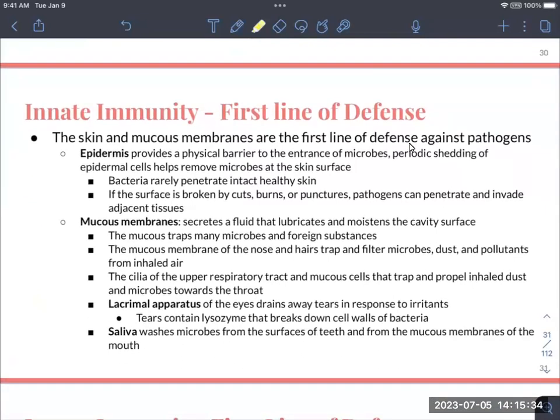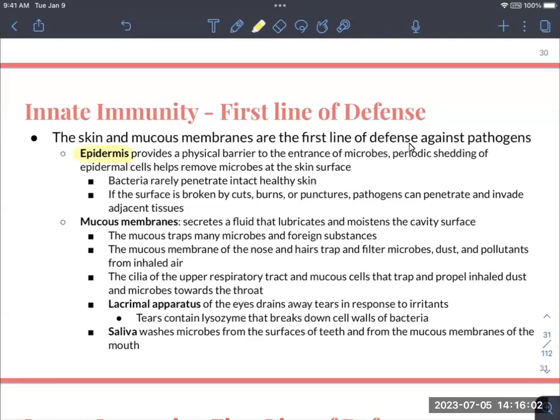So our first line of defense, we have our body contains different lines of defense against the outside. That's our innate immunity. This is what we are born with. Your skin. Your skin acts to protect you from anything going directly inside of you.